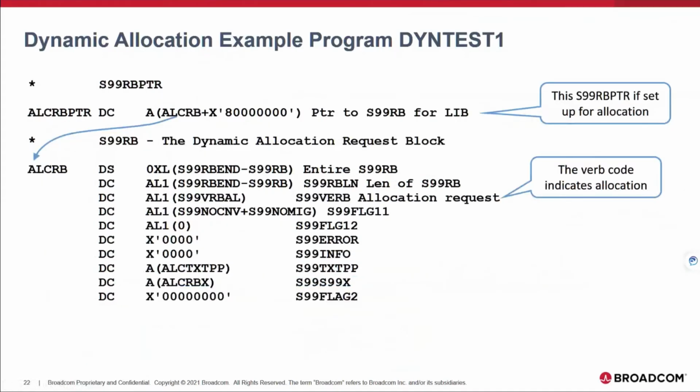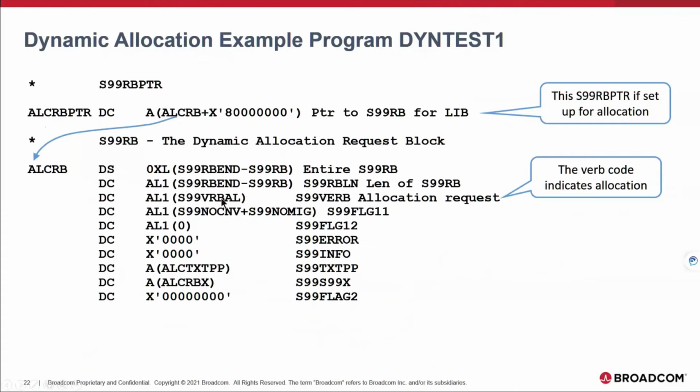So here is the allocation example. We have this S99RB pointer. It points to the SVC99RB control block, and it's got the high order bit turned on. Here's our length of the control block. This allocates the space for the control block. This is the actual length stored into that control block.